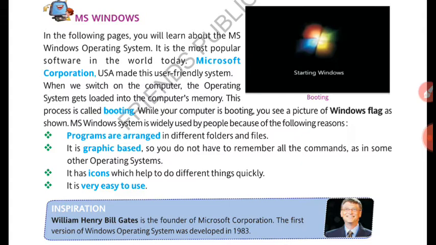A few points you have to remember for better understanding. It is an operating system which provides the interface or interaction between the user and the hardware. Second, all the application software, like MS Word and MS Paint, run over the operating system.